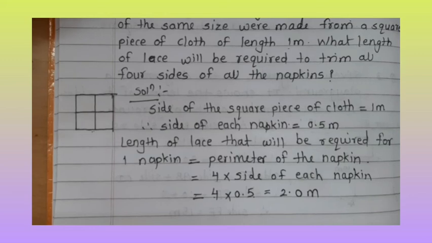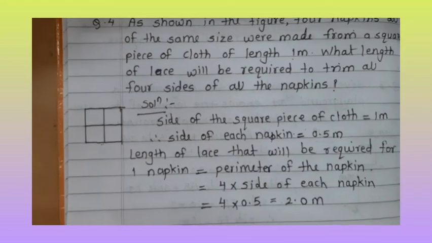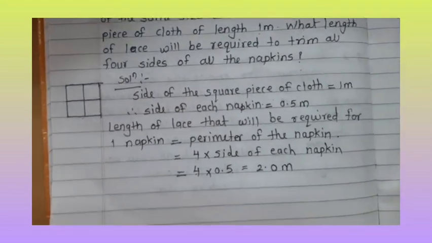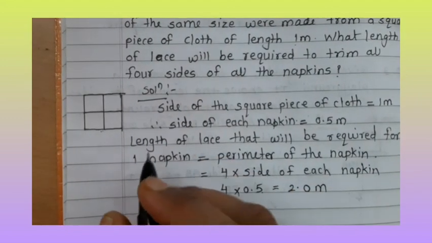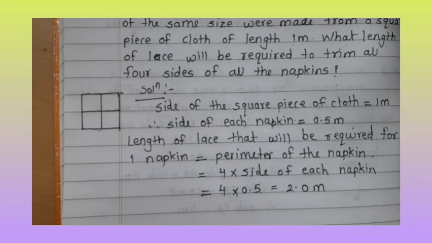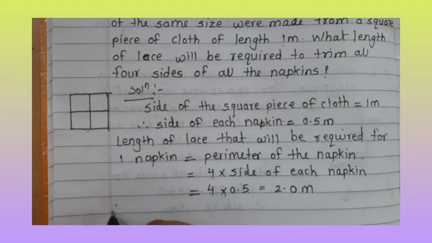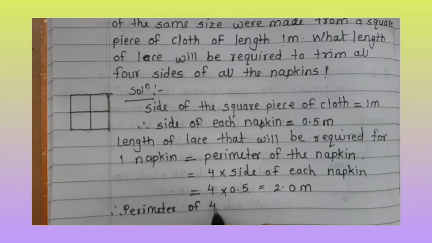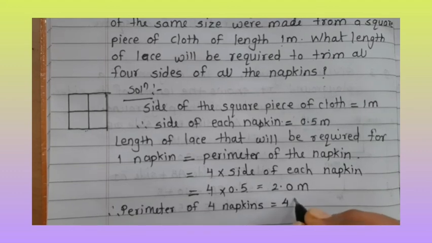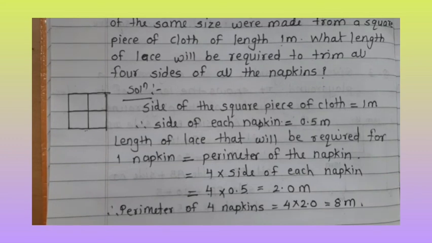Okay, so what will be the perimeter of 4 napkins? So here I will write down, so therefore perimeter of 4 napkins is equal to 4 times 2.0, that is equals to 8 meter.